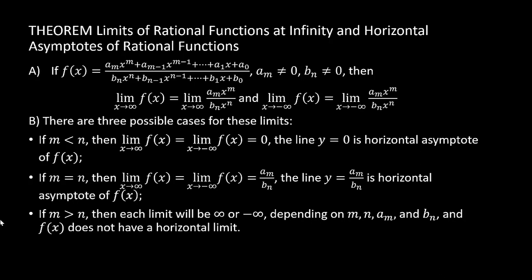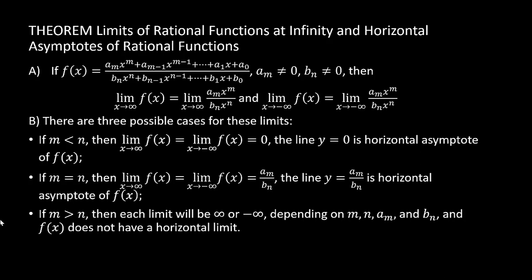Part A reads, if f of x equals a polynomial function with a leading coefficient of a subscript m times x to the m, divided by a polynomial function of leading coefficient b subscript n times x to the n, then the limit as x approaches infinity of f of x is equal to the limit as x approaches infinity of the ratio of the leading coefficients. Similarly, for the limit as x approaches negative infinity, which is going to be the ratio of the leading coefficients. When this happens, there are 3 possible cases.